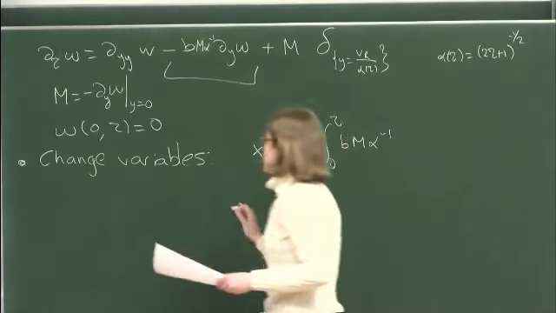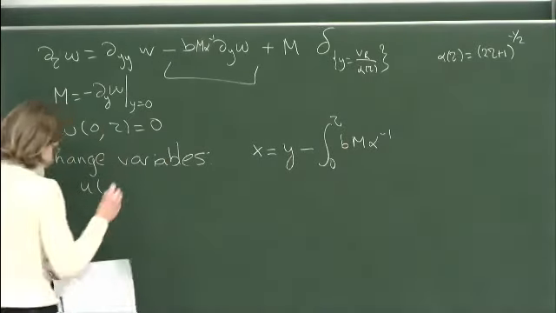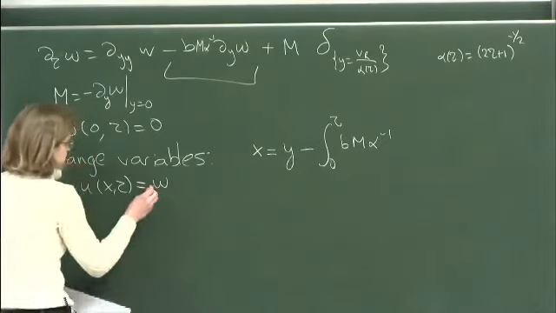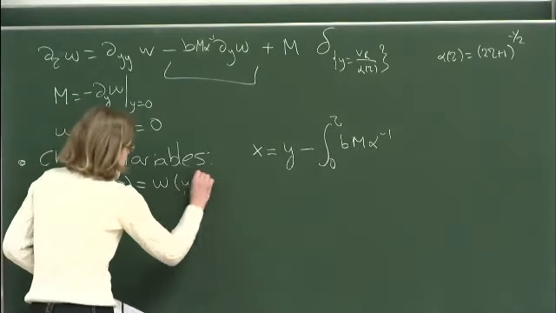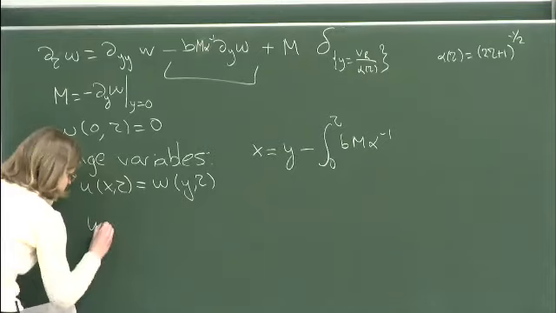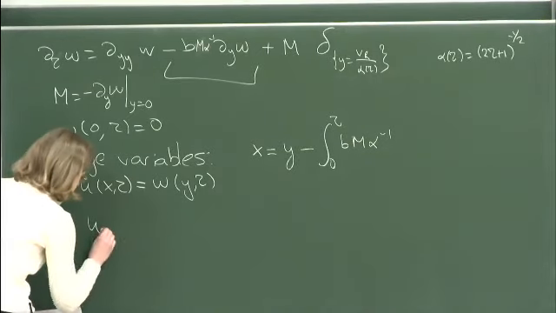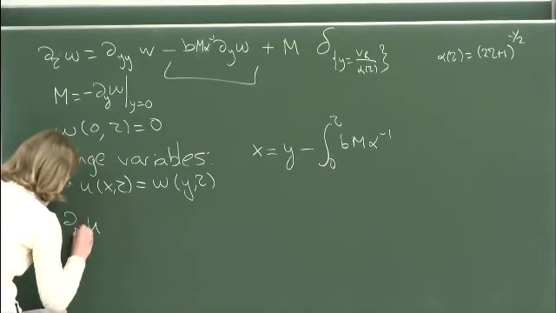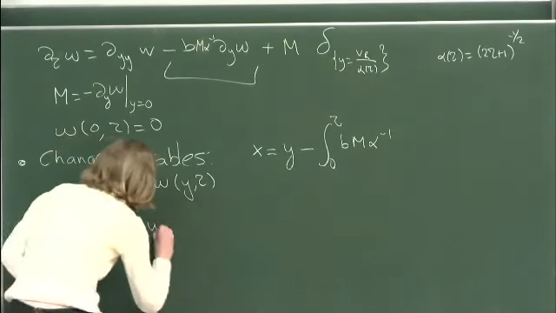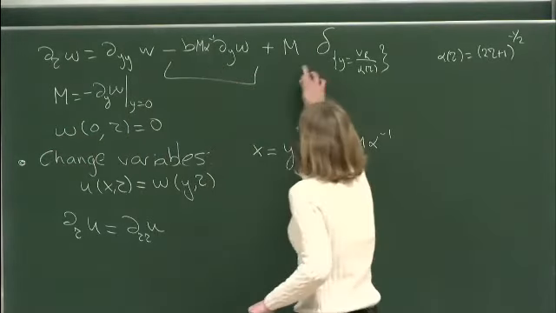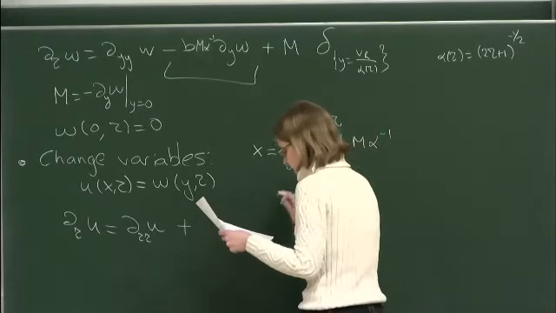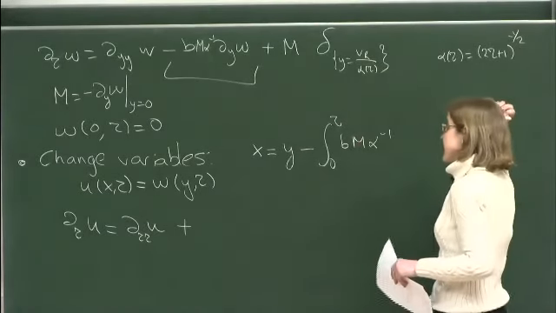So then, if you rename your u of x comma tau equals w of y tau, the equation that u satisfies is, okay, again heat diffusion, you've killed this term, but now here is where the difference comes in.